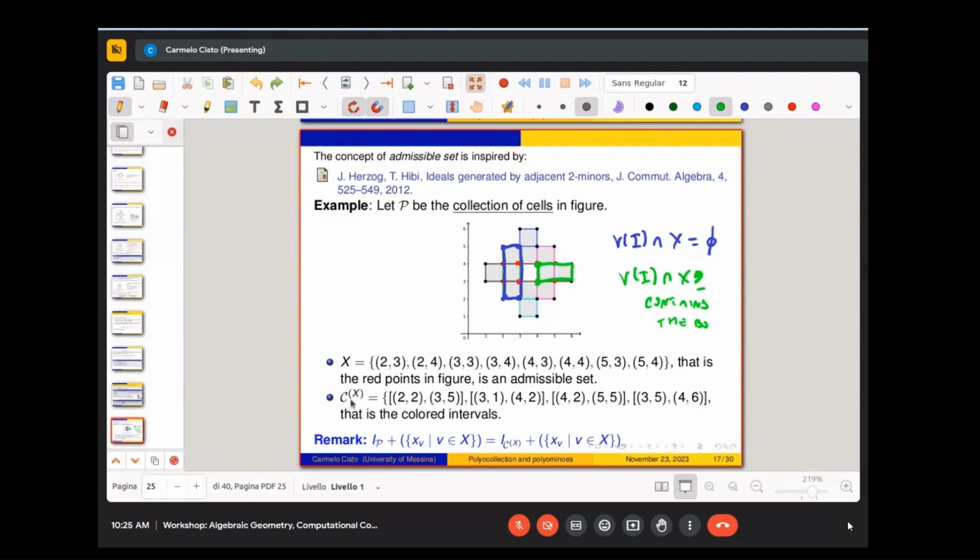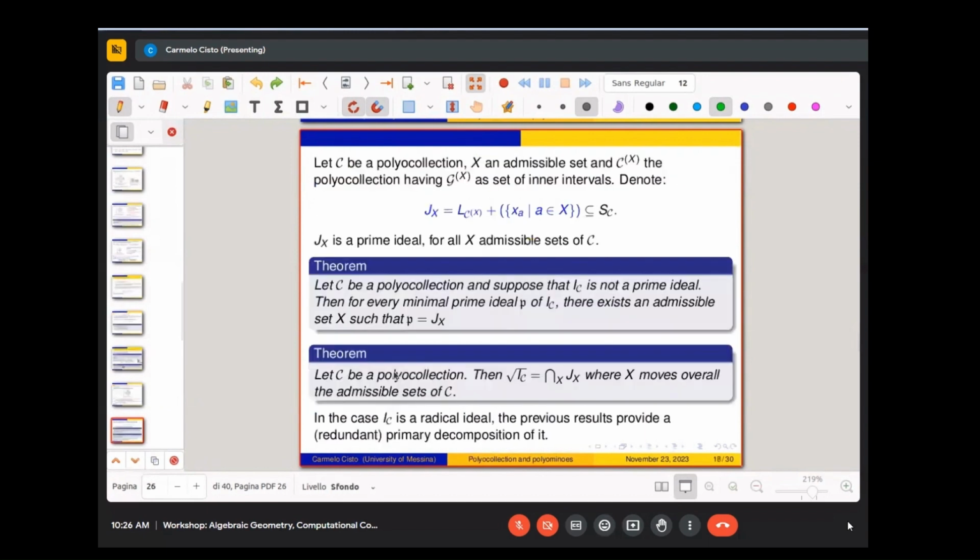Okay, maybe I don't need this figure anymore. So we can see that the collection of cells, exactly the polyomino collection CX, is the set of intervals that are colored in this collection. Okay, so now starting from a polyomino collection, we take an admissible set.